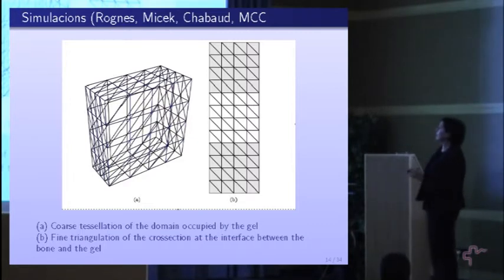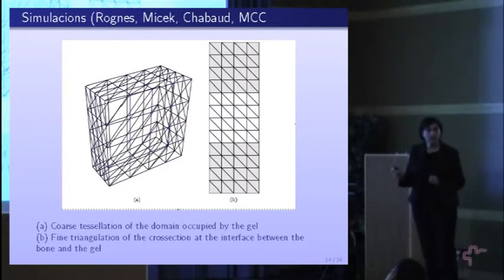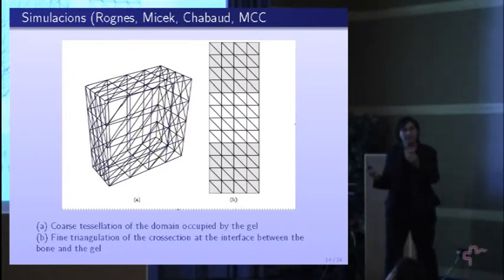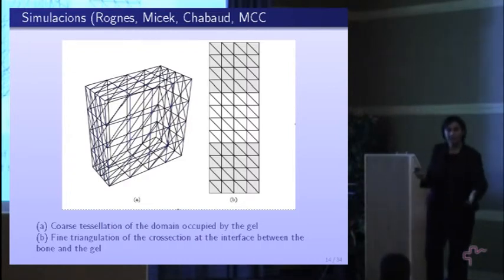Now, what we did in this work is a numerical simulation. So we wrote those equations that come from that energy. If you want to find the minimum of an energy, one way is to calculate the critical points and then somehow to convince yourself that that's the minimum.